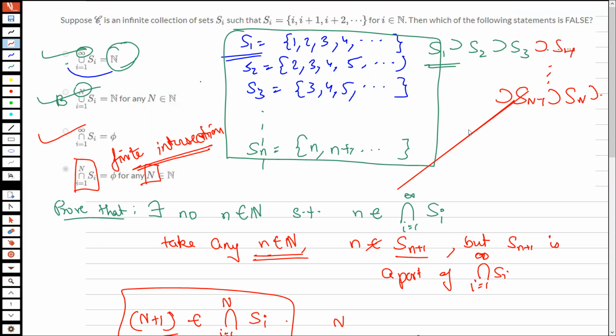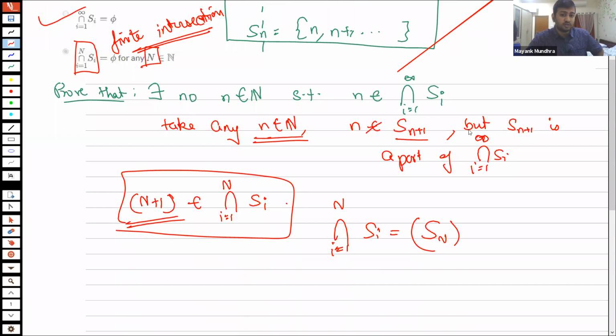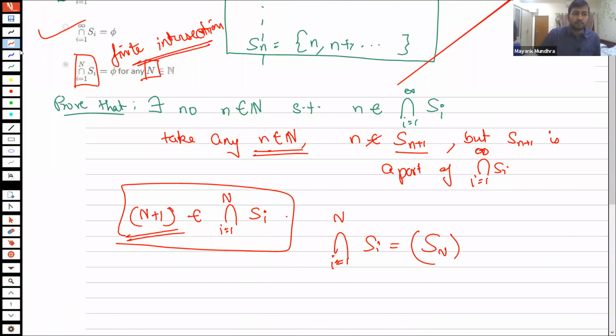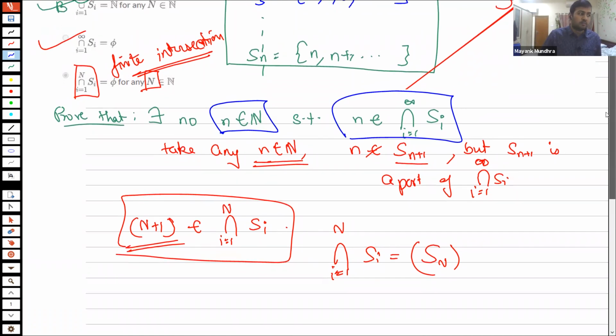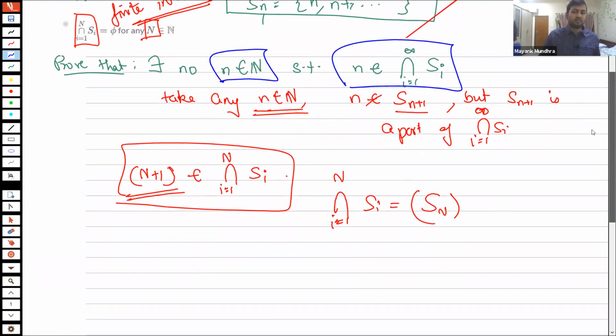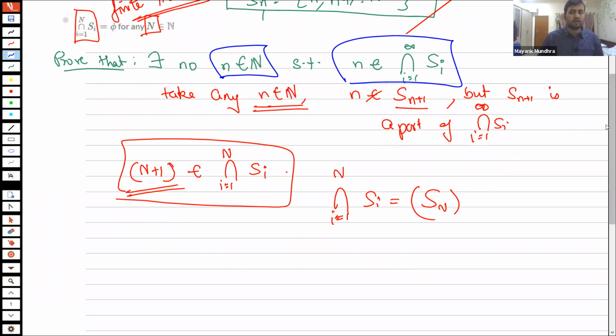So in this question, the third and the fourth both are false, right? No, the third is true. See this proof. I prove here that no natural number is contained in the infinite intersection of Si. Why don't you give me a large natural number that you can think of?